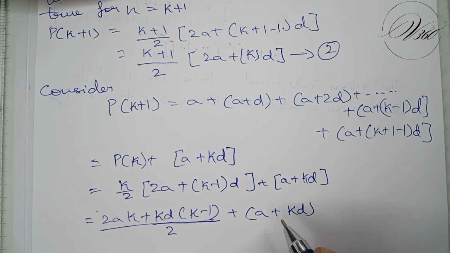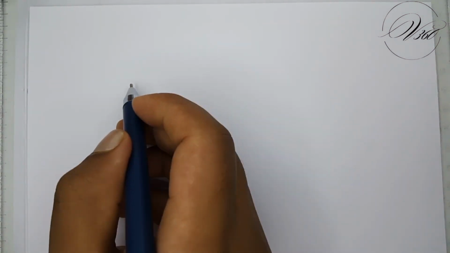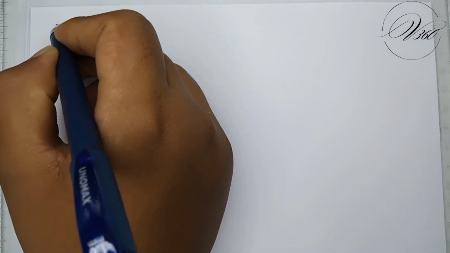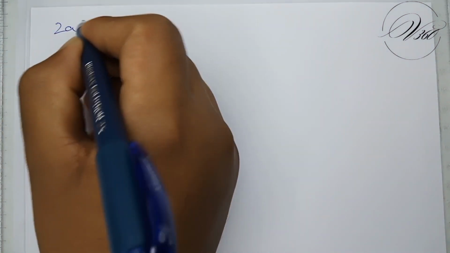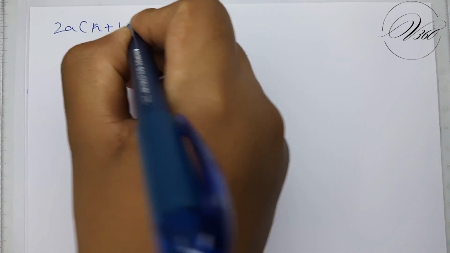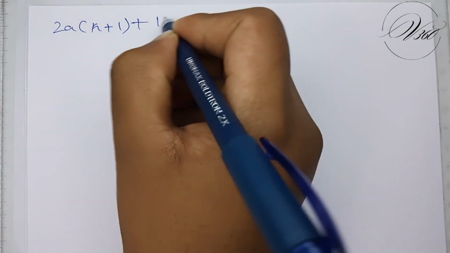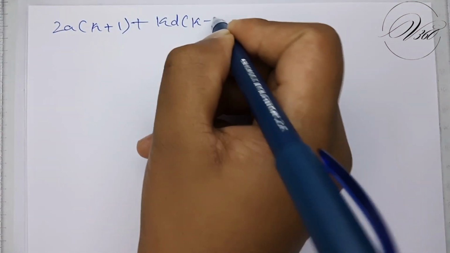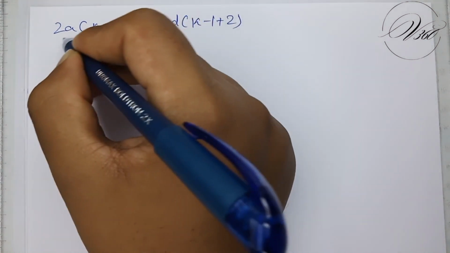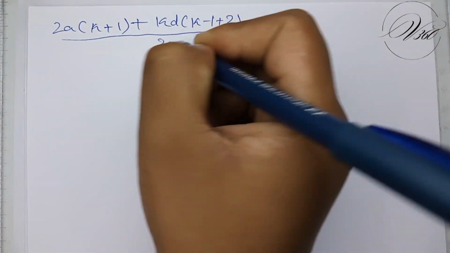Okay, the next step is, here we can write 2a of (k plus 1) plus kd of (k minus 1 plus 2), by 2.